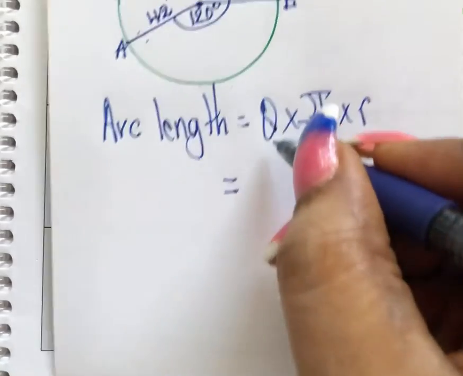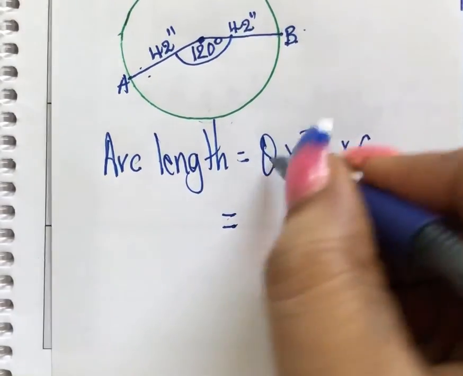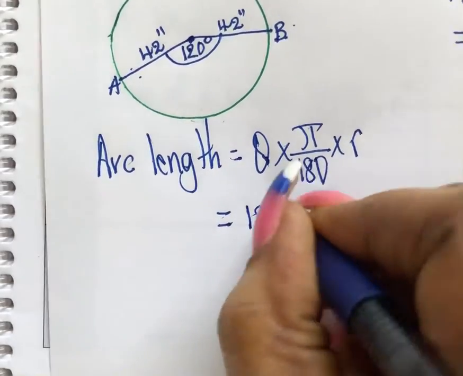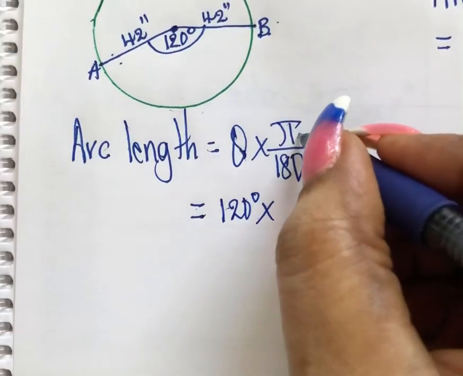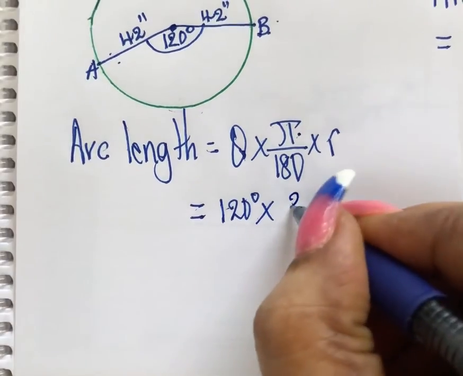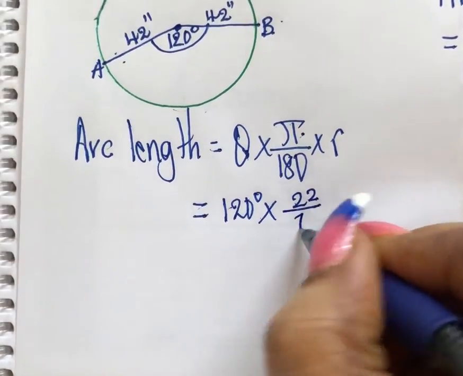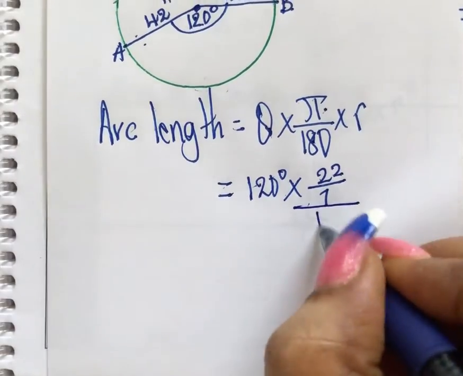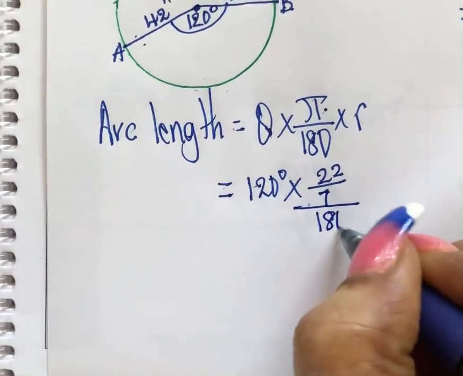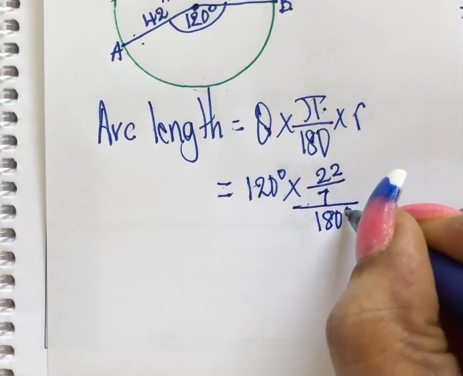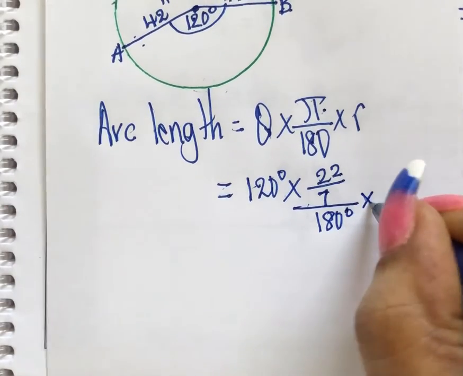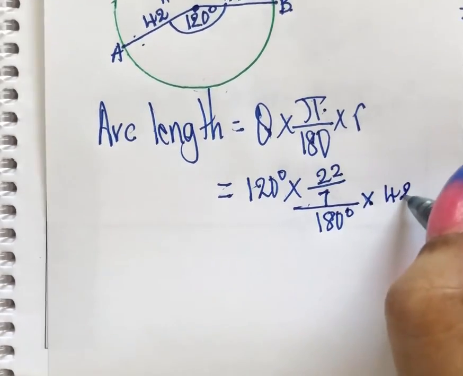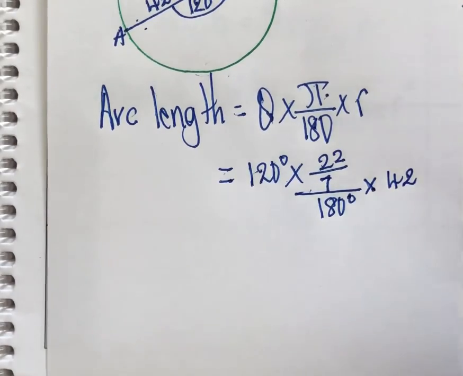The given angle is 120 degrees. Our pi is 22/7, and we have to divide pi by 180 degrees, and we multiply by our radius. Our given radius is 42 inches.